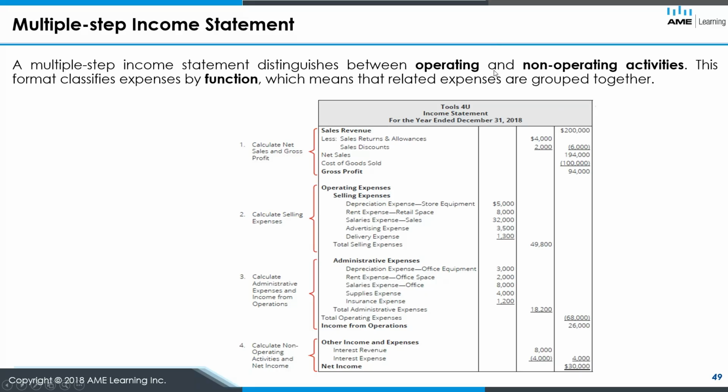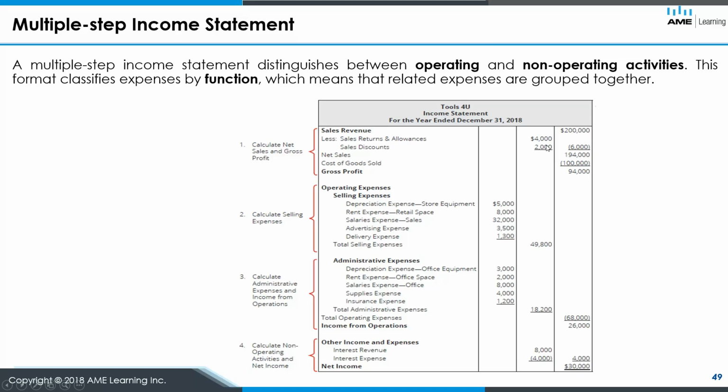And with this multi-step income statement, we're going to differentiate between operating and non-operating activities. As a merchandiser, we're going to have a section that calculates gross profit. So we have our gross sales, so all of the sales revenue to customers.